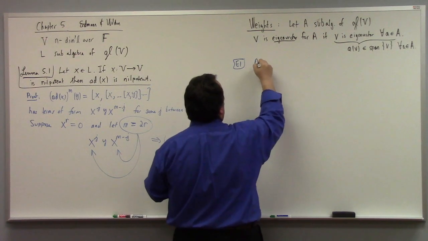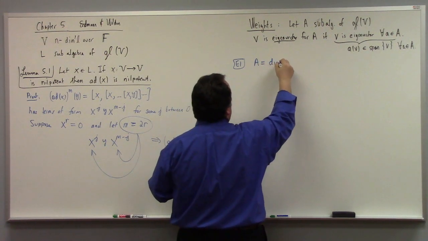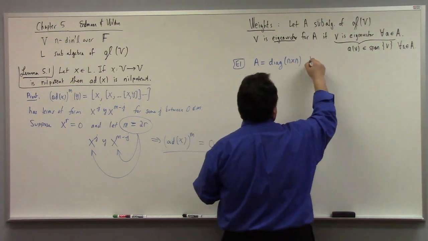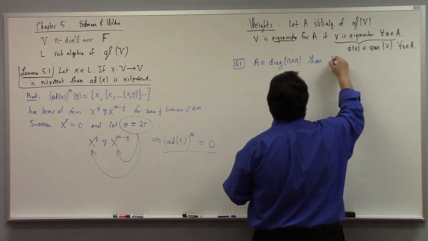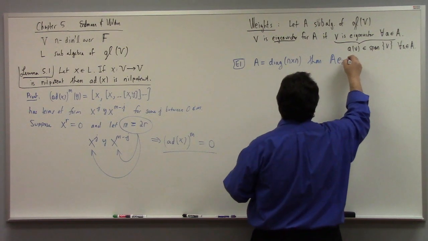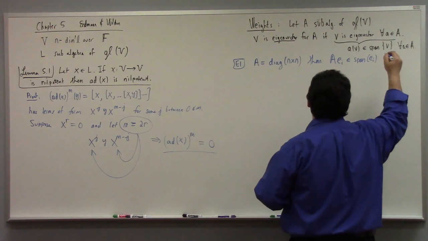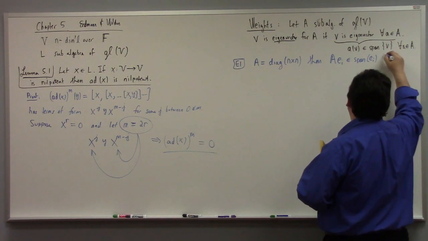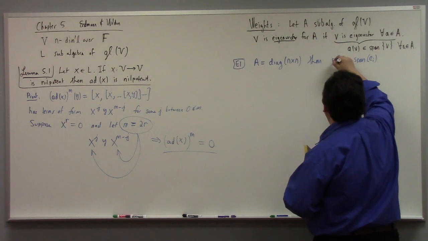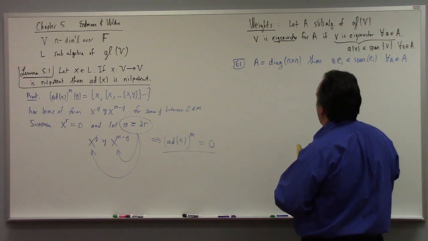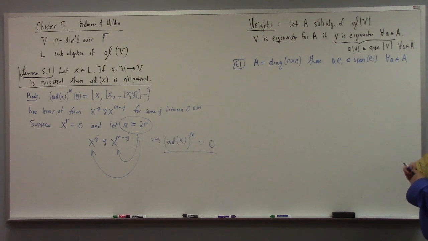If you let A equal the diagonal n by n matrices, then of course a e_i is an element of the span of e_i, for all a in A. So that would make each one of the standard basis vectors an eigenvector for the diagonal matrices.